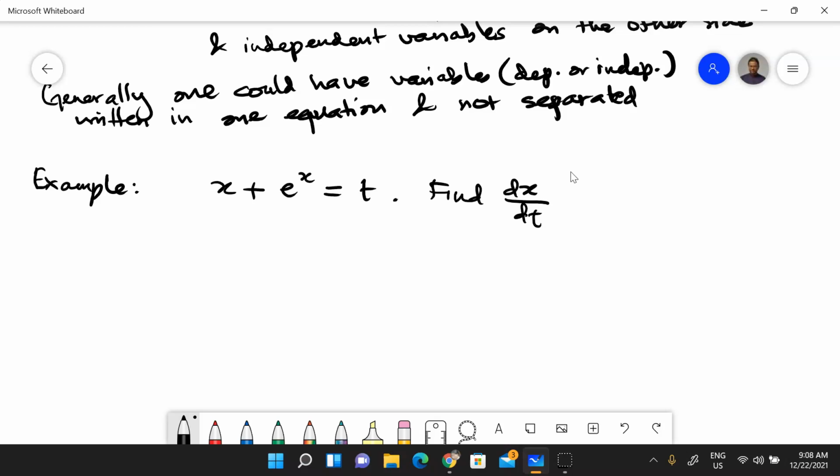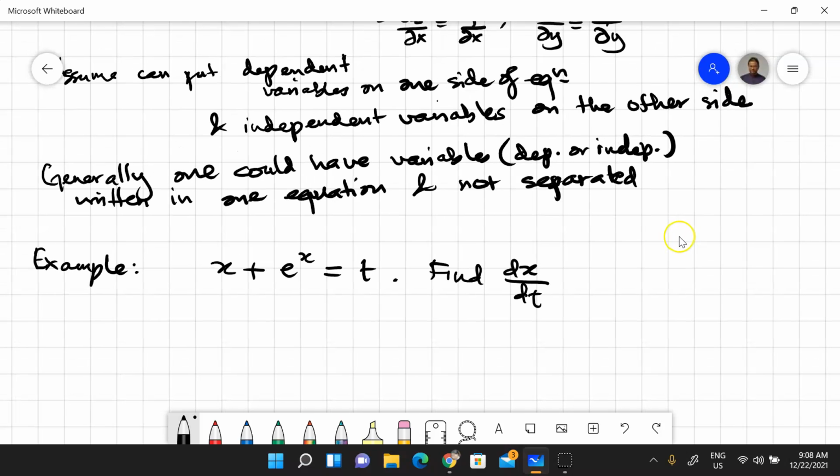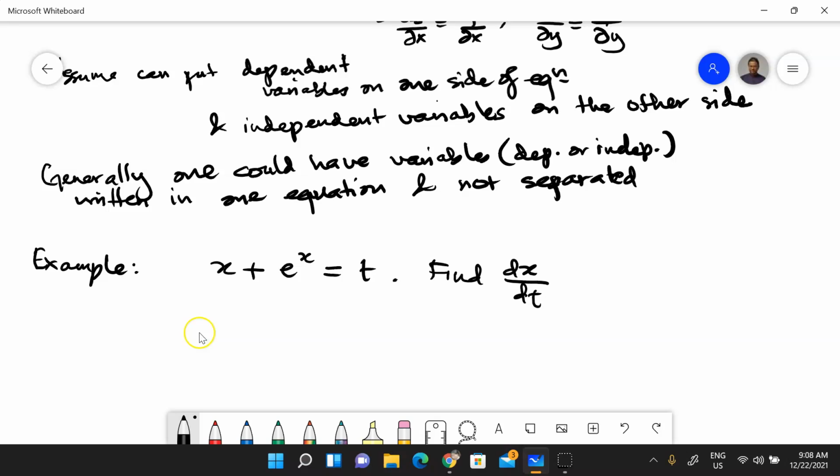So this one seems okay, maybe I should not have written it in the way I mentioned above, because it seems like here the dependent variable is actually on one side of the equation and the independent variable is on the other side. But now, which is which? The dependent variable is written in terms of the independent variables.